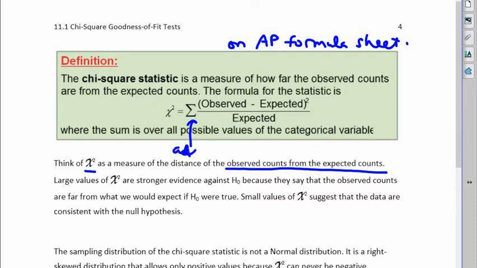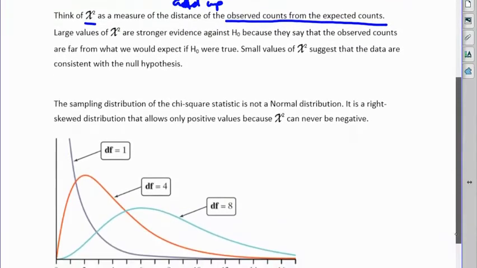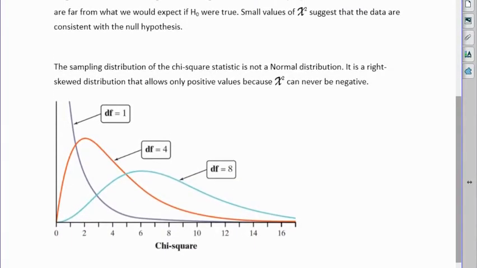They've added up all those chi-squared contributions, and so having a lot of difference is going to give you some evidence that it would not be expected to occur just as a result of chance variation.